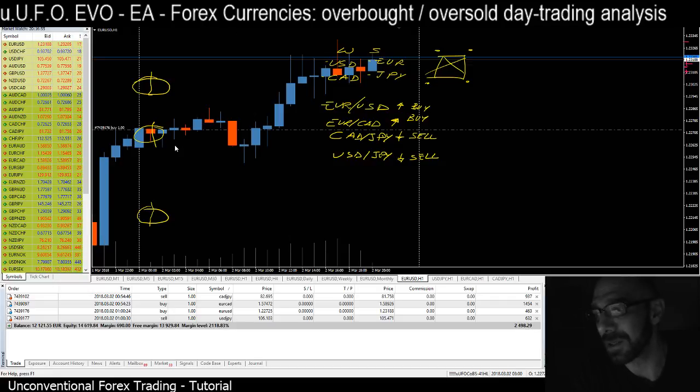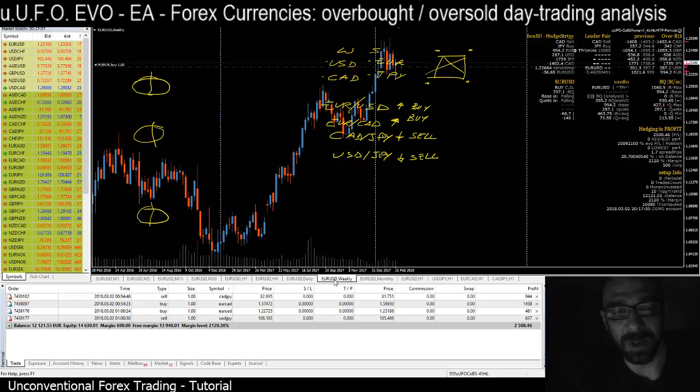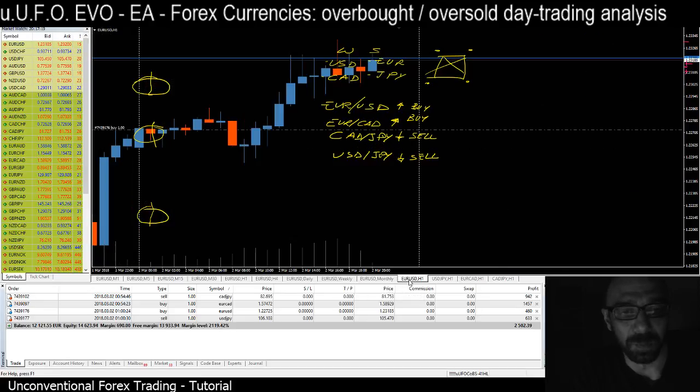So I waited for the beginning of the day, I created the demo account, and then I waited for the confirmation, not of a price level in this case, but the confirmation of the values. Even for my live account trading, I waited for the confirmation of these values, and then I injected the trade and went to bed.